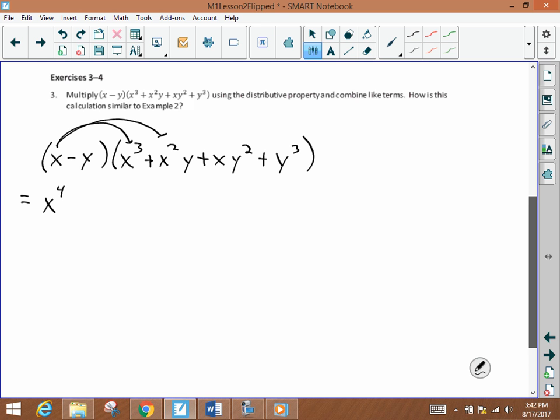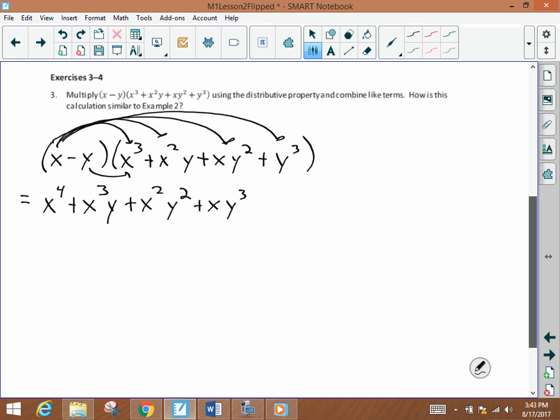X times x squared y is going to be x cubed y. X times xy squared is going to be x squared y squared. And x times y cubed is going to be xy cubed.